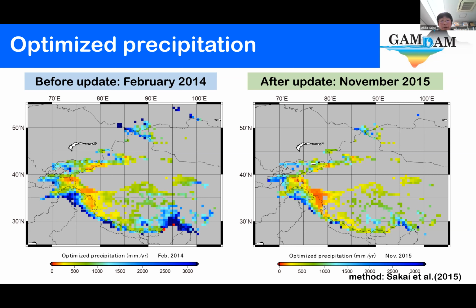And here, the important thing is that if median elevation is lower than actual due to including seasonal snow cover or something, optimized precipitation becomes larger than the actual, because at lower altitude there is larger ice melt, so larger precipitation is necessary to compensate glacier mass.